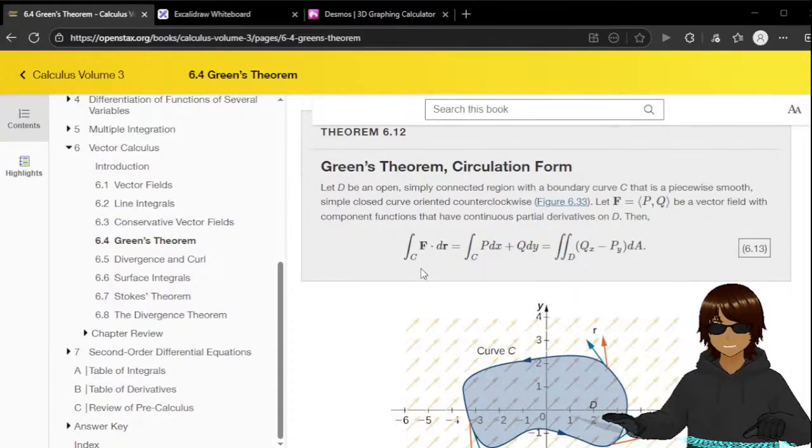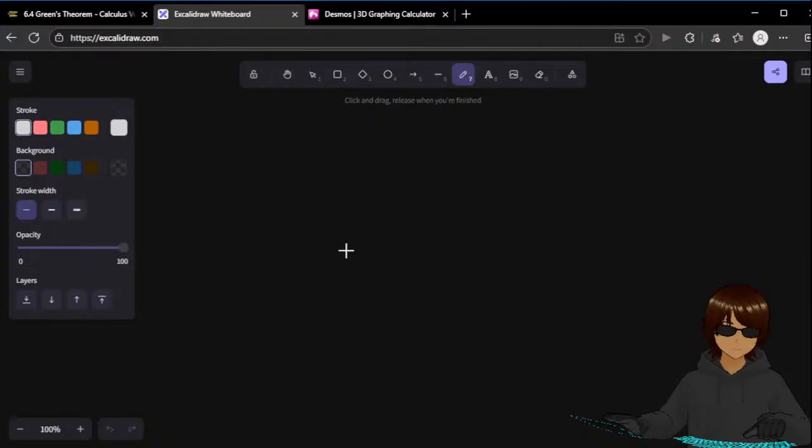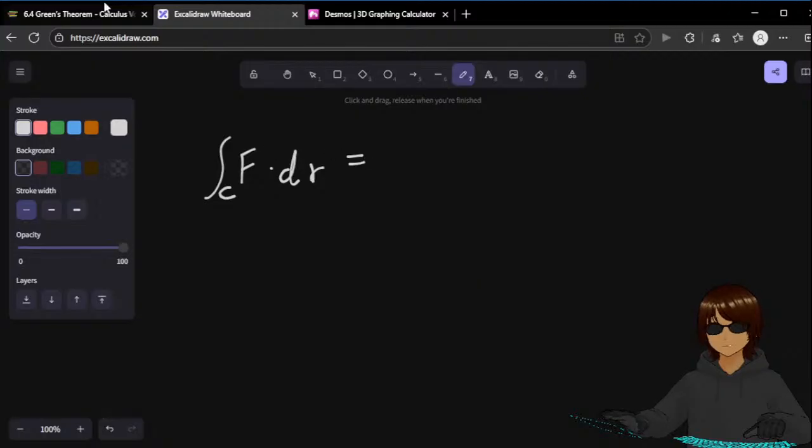Green's theorem said that if you want to find this circulation, this is equal to the double integral over the same region.